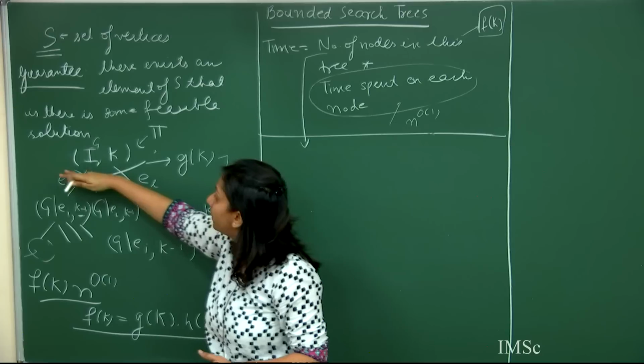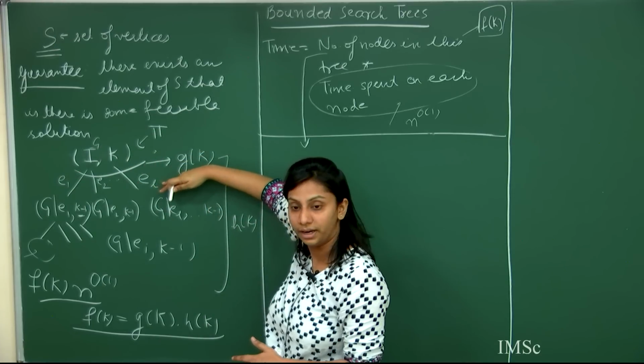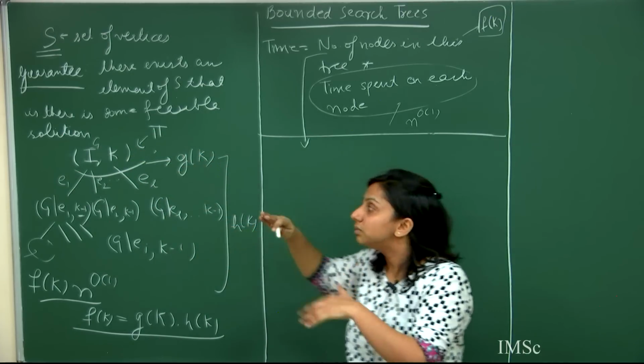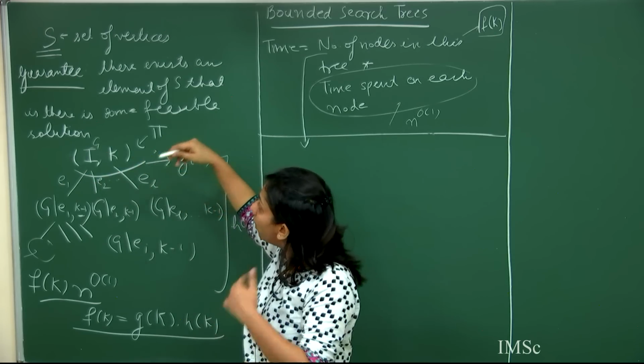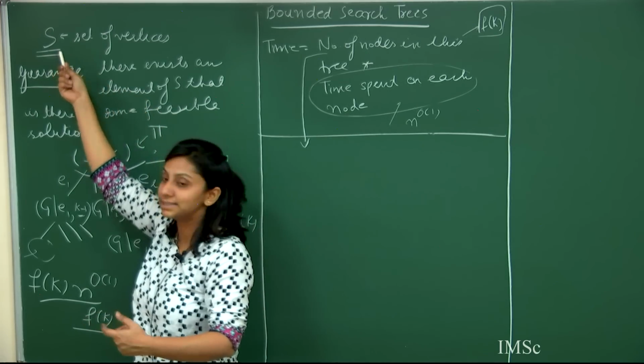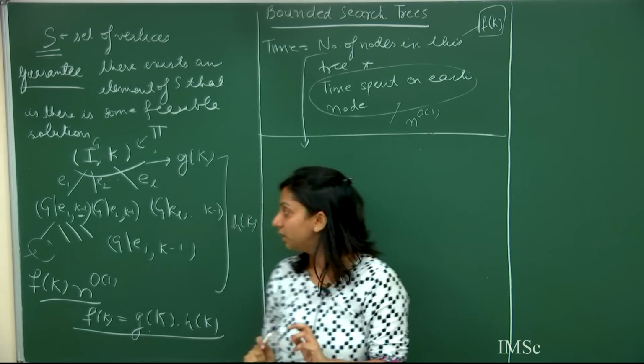Then the number of children here is g of k. So that's how you can bound the number of children, by always coming up with a set which has size some function of k.